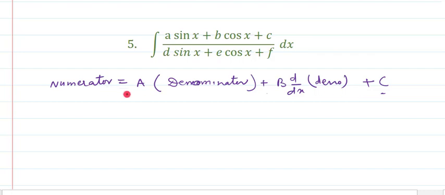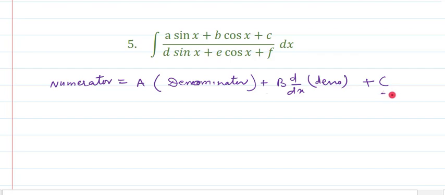Okay, so it is numerator is equal to a into denominator plus b into derivative of denominator plus c. A, b, c are the constants that we need to find out by equating the coefficients, just as we have done in the previous question.